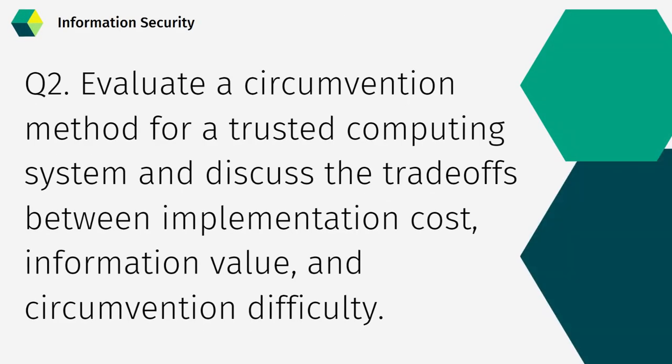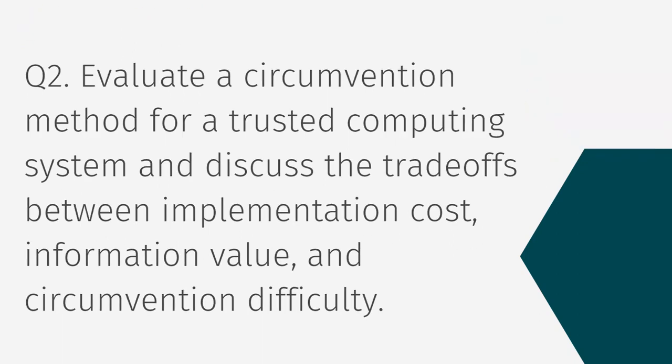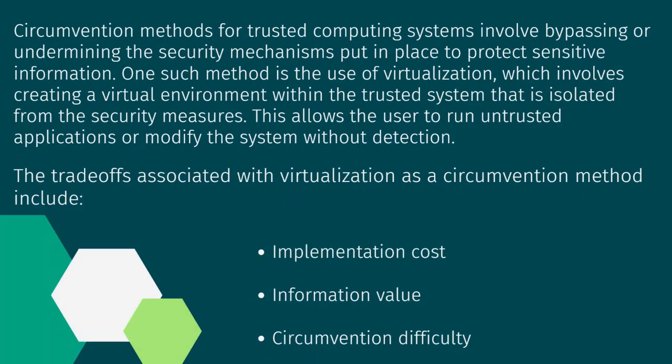Question 2. Evaluate a circumvention method for a trusted computing system and discuss the trade-off between implementation cost, information value, and circumvention difficulty. Circumvention methods for trusted computing systems involve bypassing or undermining the security mechanisms put in place to protect sensitive information.